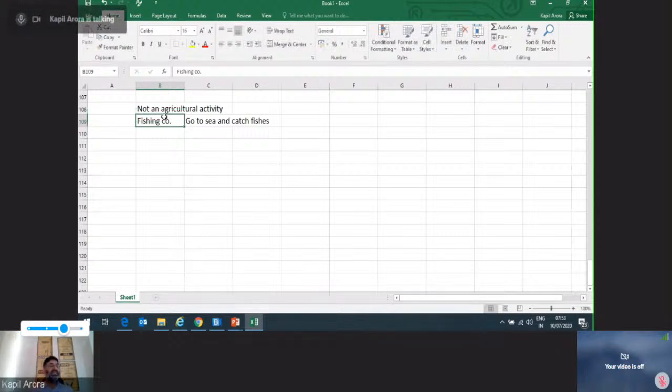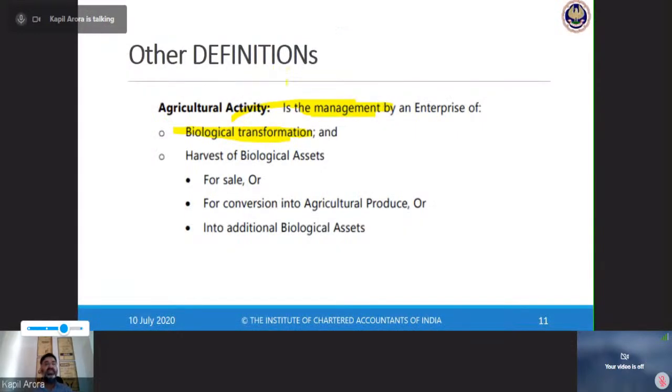So companies which are managing the biological transformation, that is, management by an enterprise of biological transformation and harvest of biological asset, either for sale, conversion into agriculture produce, or into additional biological asset.